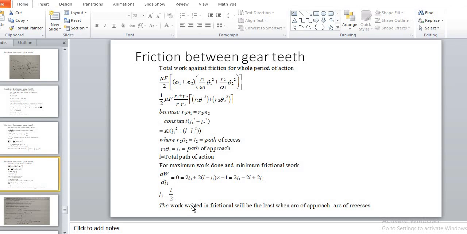So the frictional work between the engaging gear teeth is minimum when the arc of approach is equal to the arc of recess. Now we go through some numericals.